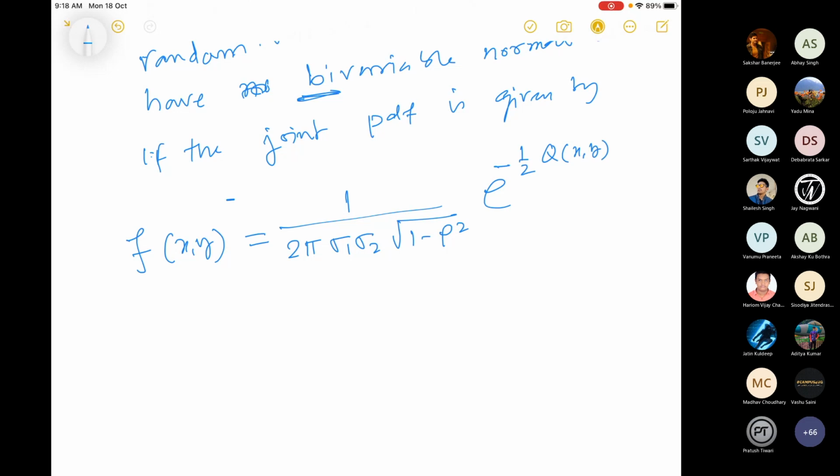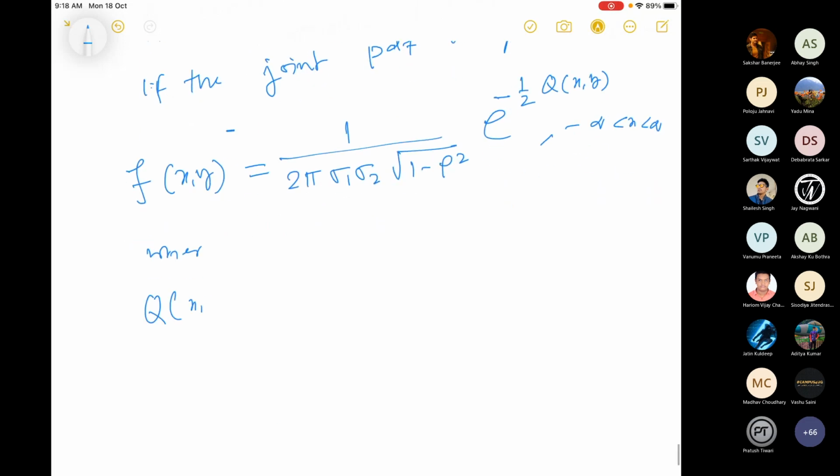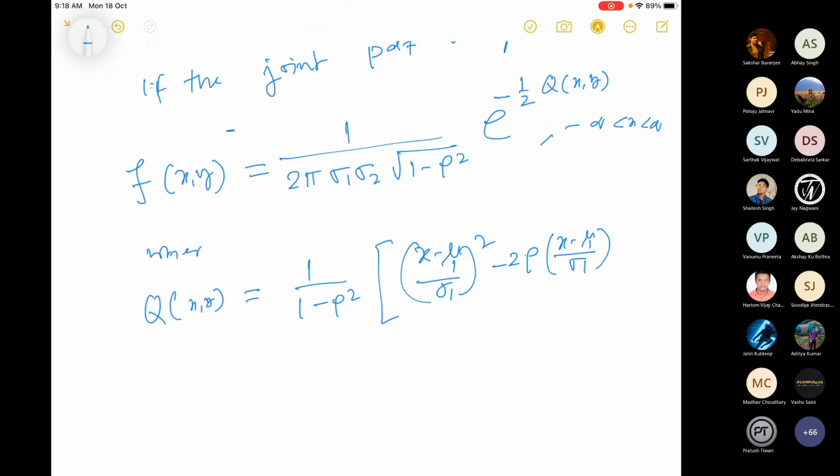I'll tell you what the function is because it is a long function, for minus infinity less than x, y less than infinity, where Q(x, y) is this: 1 by 1 minus rho square times (x minus mu1 by sigma 1) whole square minus 2 rho (x minus mu1 by sigma 1) times (y minus mu2 by sigma 2) plus (y minus mu2 by sigma 2) whole square.